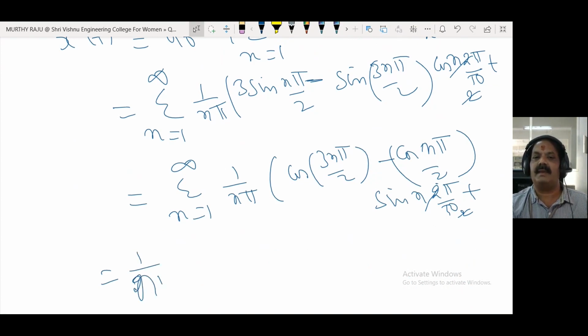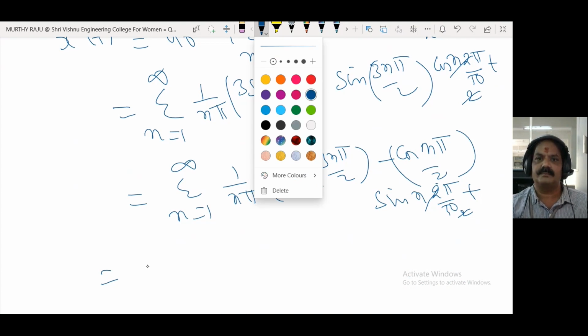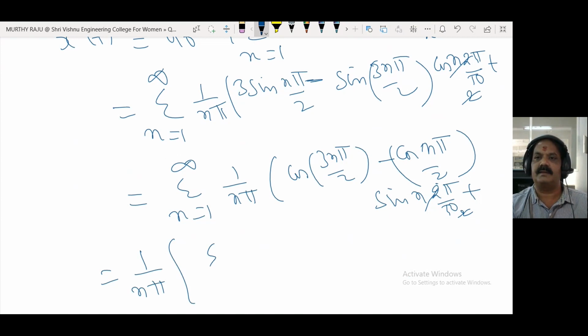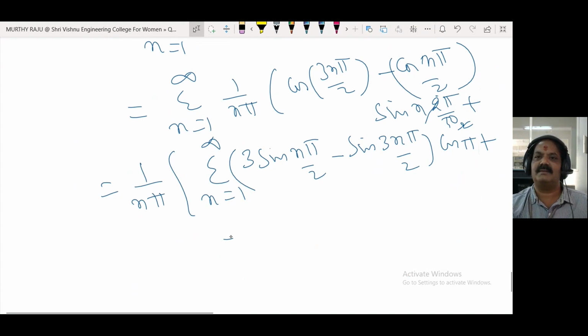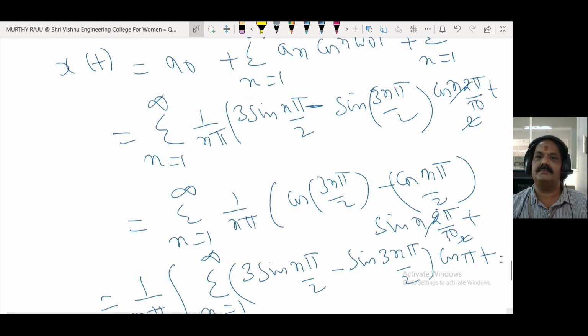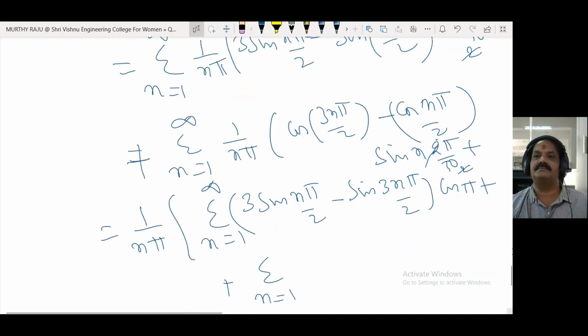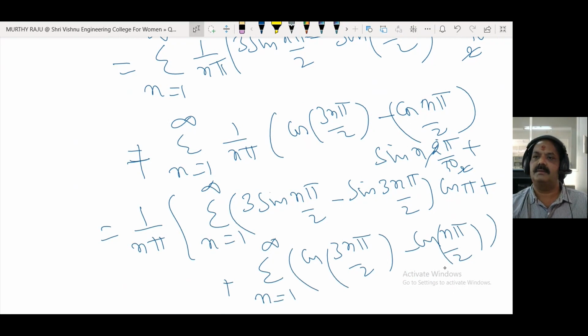Finally, 1 by n pi, sigma n equals 1 to infinity, 3 sin n pi by 2 minus sin 3 n pi by 2, cos n pi t, plus sigma n equals 1 to infinity, 1 by n pi, cos 3 n pi by 2 minus cos n pi by 2, sin n pi t.